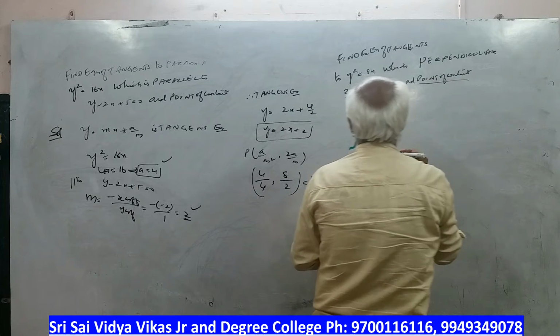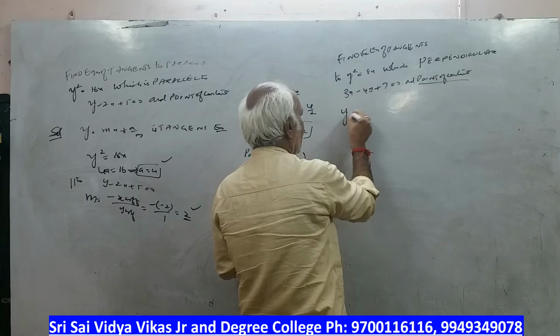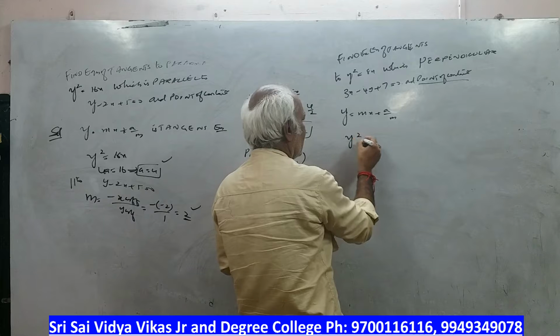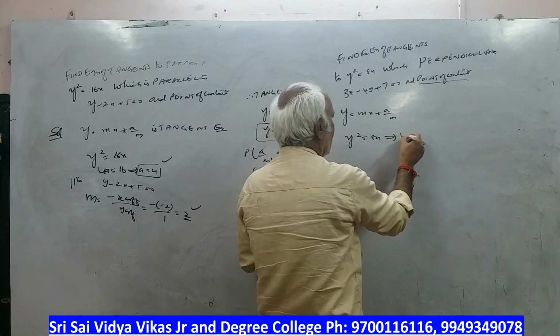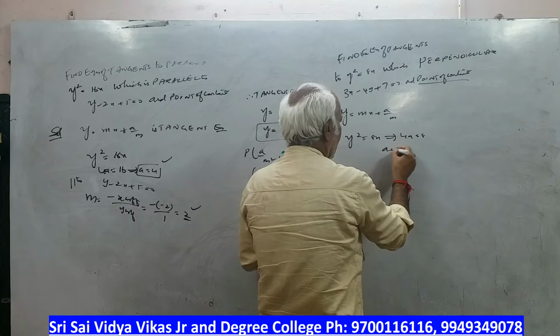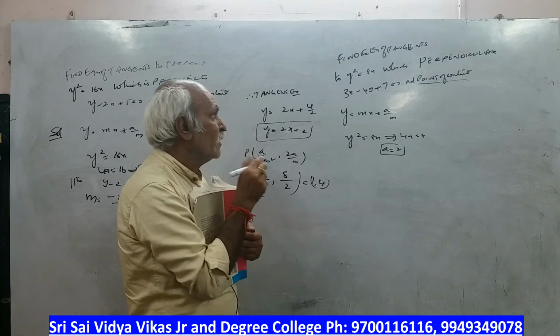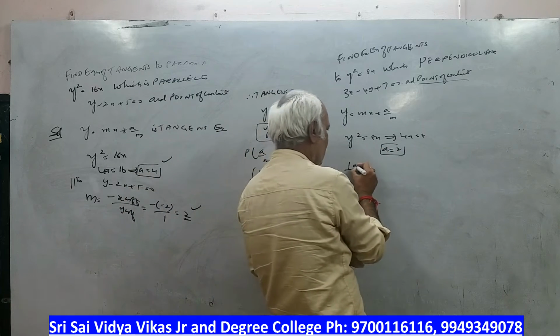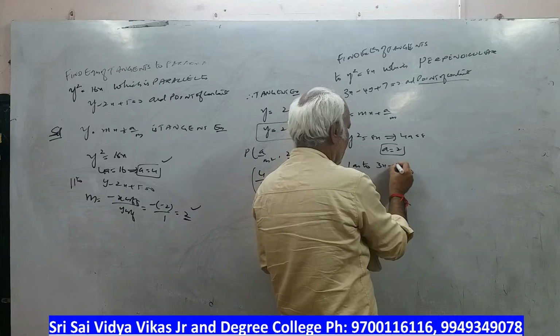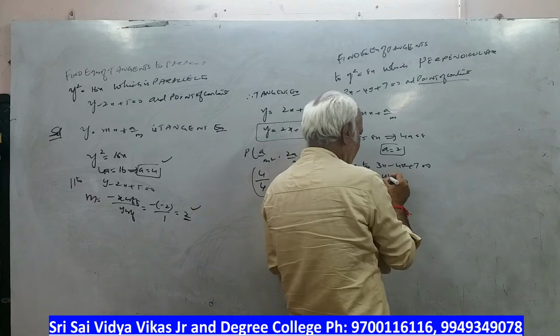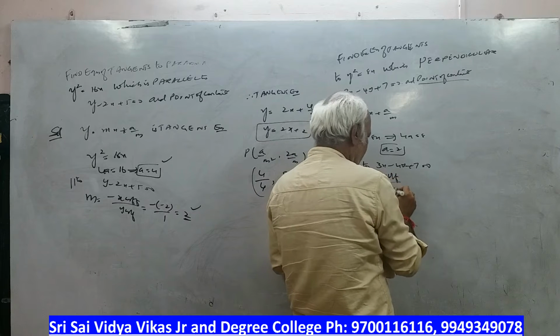Okay. So here again y is equal to mx plus a by m. So y square is equal to 8x. So 4a is equal to 8. A is equal to 2. The a value we got 2. And it says perpendicular to 3x minus 4y plus 7 is equal to 0. M is y coefficient by x coefficient.